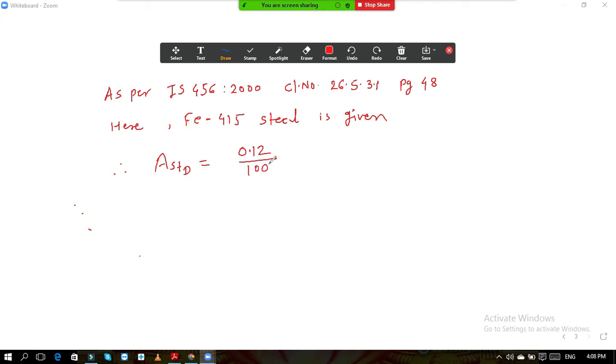So 0.12 divided by 100 into b into D. Okay. So therefore, AstD is equal to 0.12 divided by 100 into, we have assumed 1 meter width of the slab, and depth. What was our overall depth? It is 135. Okay.